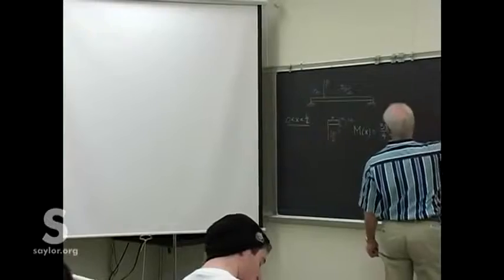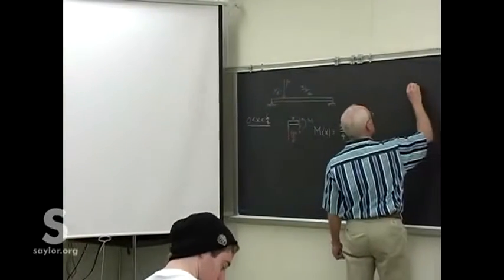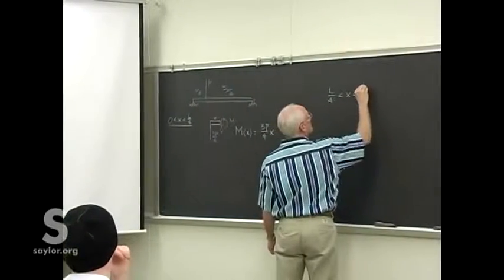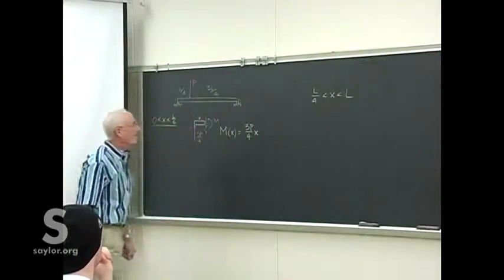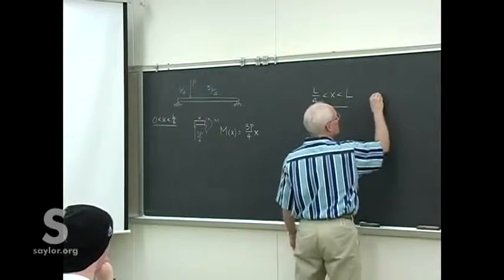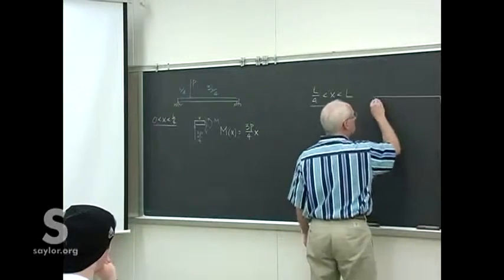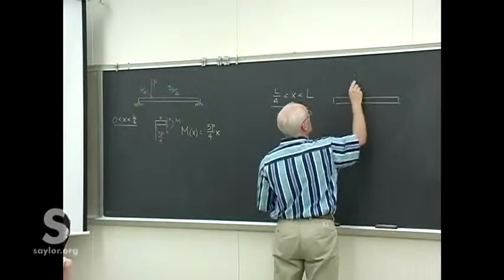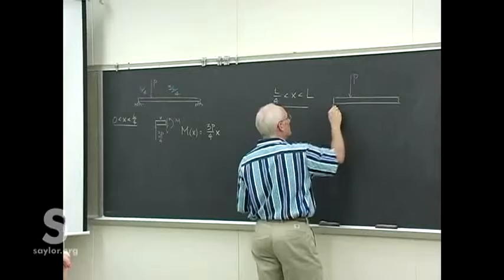I'll just set up the rest of the beam. So L over 4 down to L. We do the same thing we just did there, only a little bit more. And now we've got the load in there.